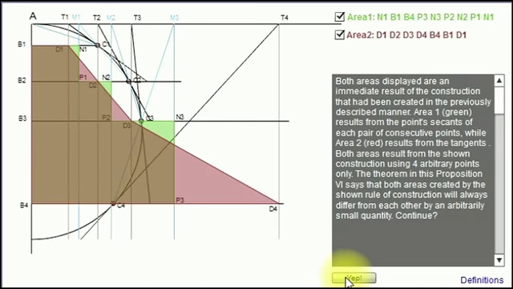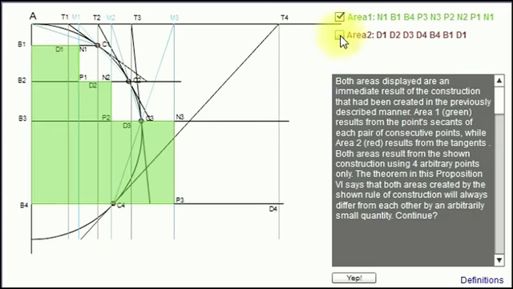So these are the 2 areas which we produced, and they are both based on different principles, but these principles are more or less related to each other on the basis of the originating circle figure. So we have area 1, which is this one.